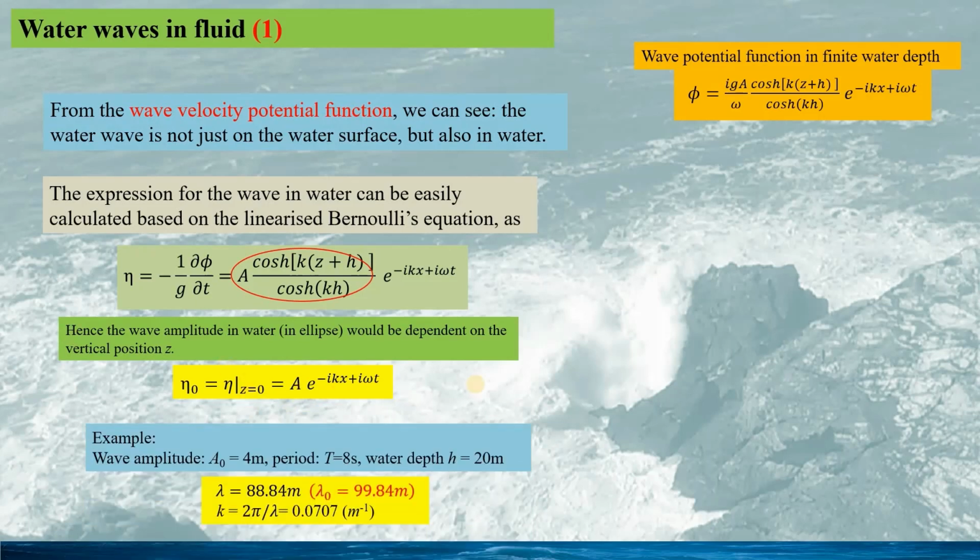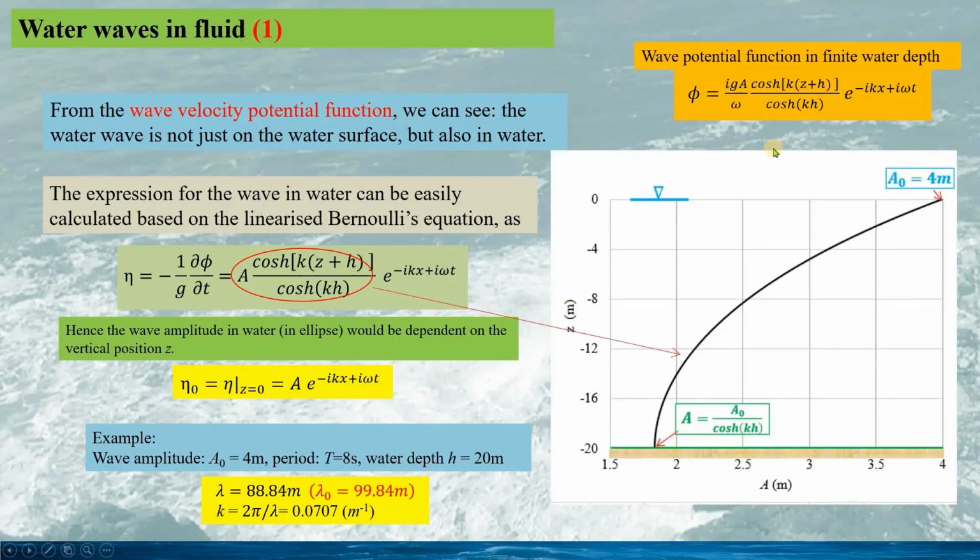So consider an example of a wave amplitude of 4 meters and a period of 8 seconds in water depth h equals 20 meters. Such a wave is a very large wave, and I will use this example to illustrate the waves in a finite water depth.